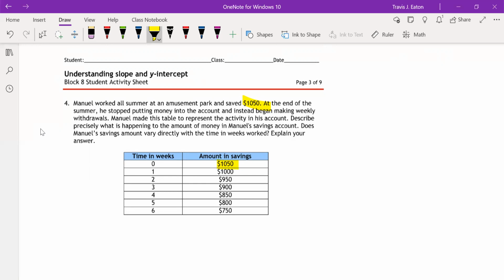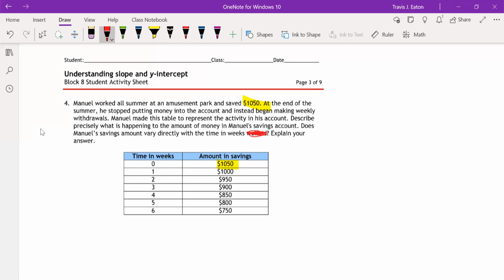And then the next question, this is what threw me at the end of the last lesson. Does Manuel's savings amount vary directly with the time in weeks worked? And the worked part shouldn't be there. It should just be the time in weeks, because it's not the time in weeks worked, because he's already quit working. This is the end of the summer, and now he has stopped putting money in from his work, and now he's taking money out.